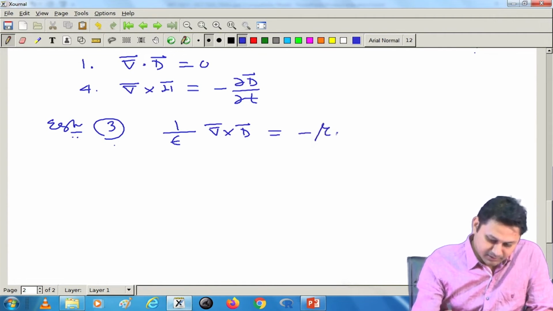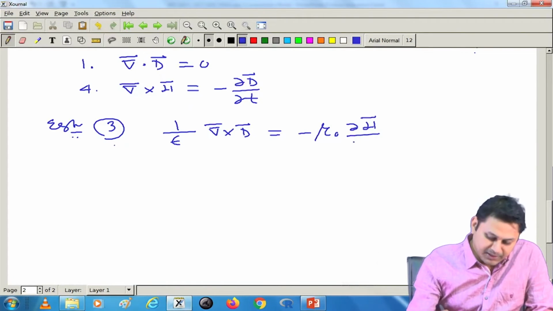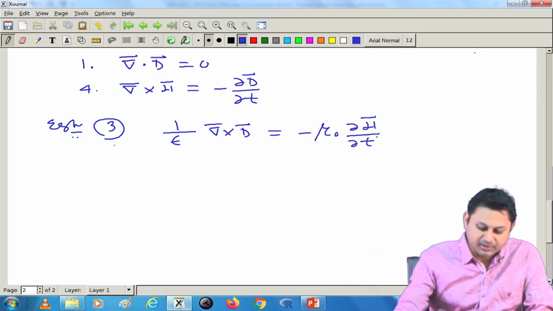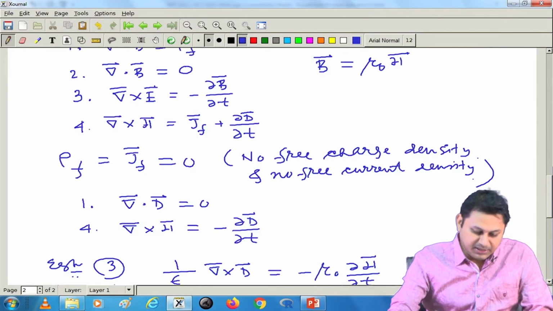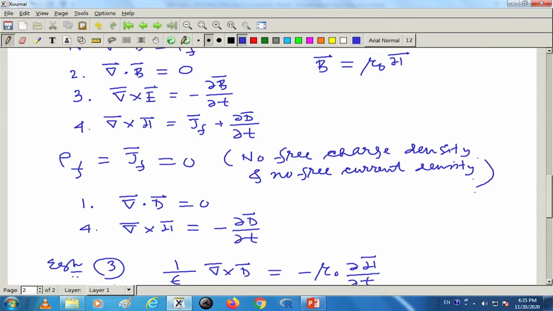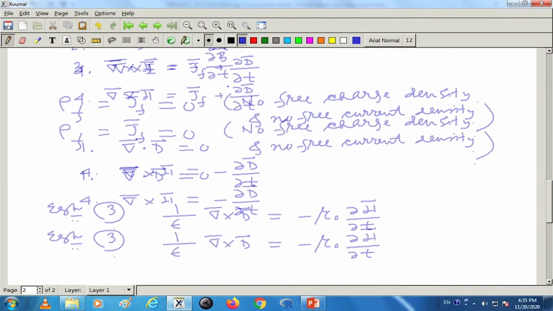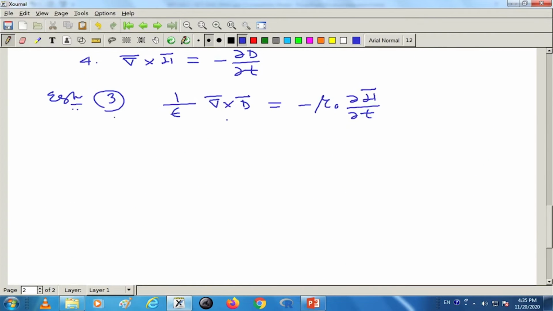I just replace the values of E and B in terms of D and H.